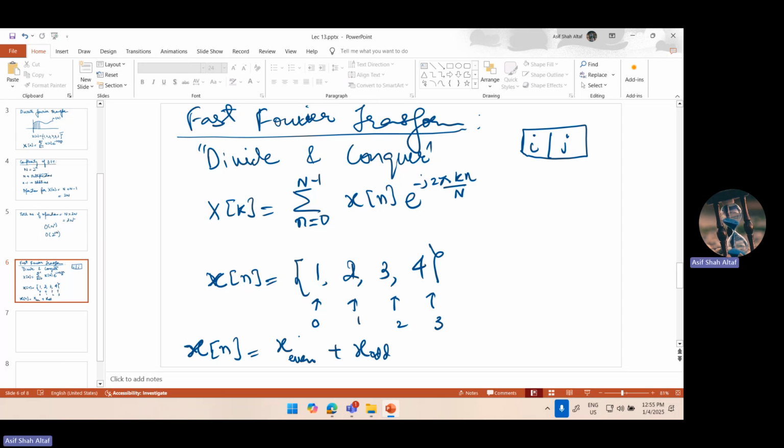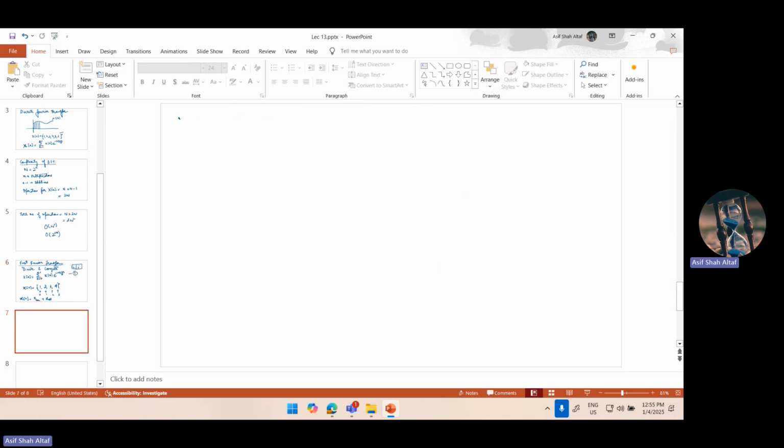And now I put this thing into my primary equation. So what I will get is x of k equal to the sum from r equal to 0 to n by 2 minus 1 of x of 2r e to the power minus j 2 pi k 2r by n, and plus the second sum.